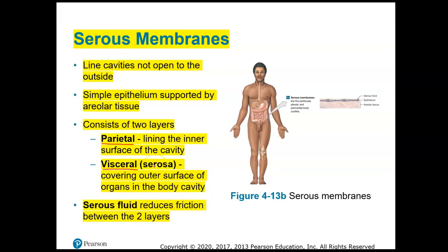So the visceral layer would actually touch the heart. It would actually touch the lungs. It would touch the organs like the liver, the stomach, the intestines, okay? The parietal layer would lie against the body wall. Like in this case, the parietal layer of the peritoneum would lie against the abdominal wall.